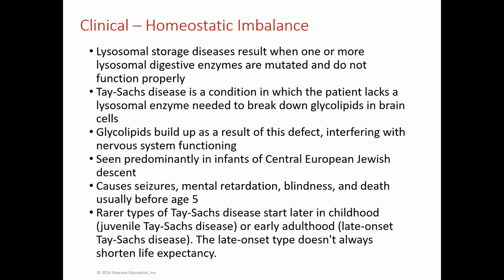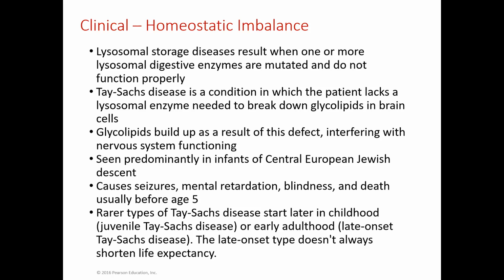During development of our central nervous system, we produce certain sugar-coated fats, glycolipids. We don't overproduce the glycolipids because we have lysosomes that break that down. As long as we have the right enzyme, the right lysosome to break down excess glycolipids in the brain and in the central nervous system, we're fine.